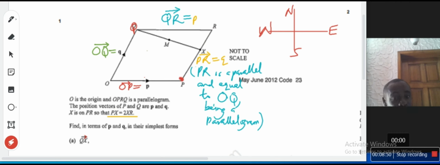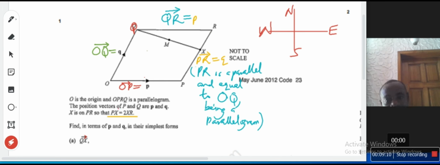So if you measure from P to X, it is double of what you measure when you take the length of X to R. It's stated here, PX is 2 times. Are we good on that? Can I move on?